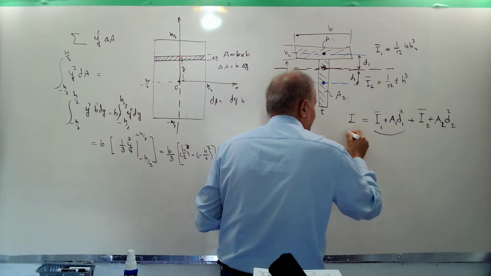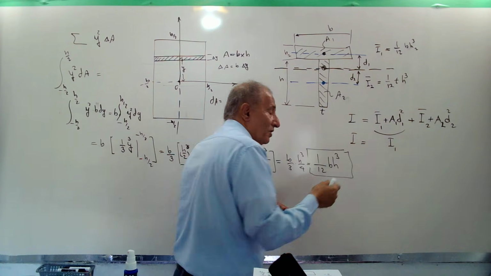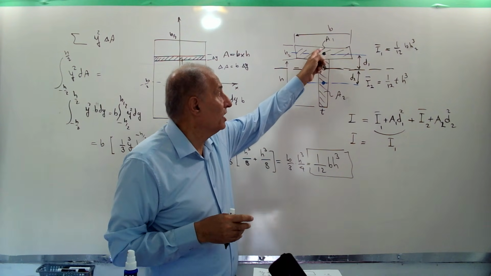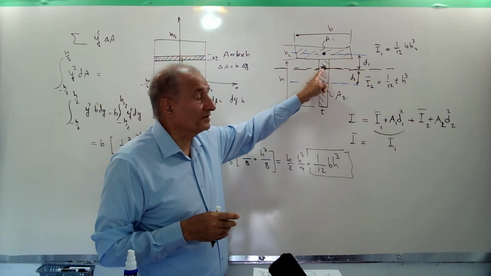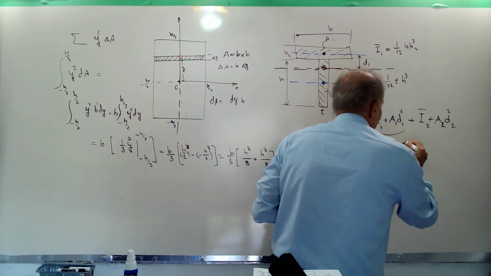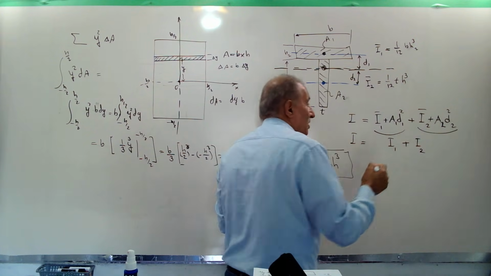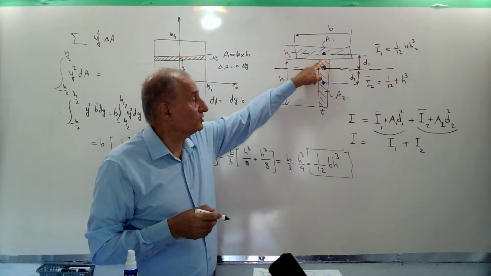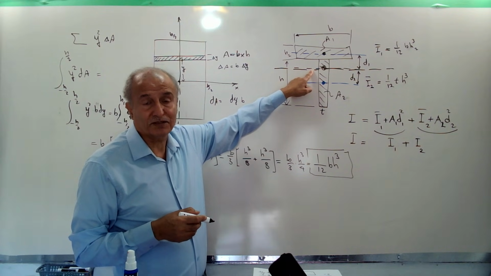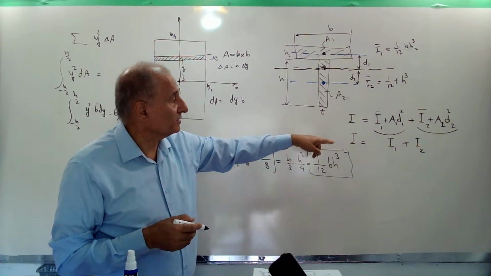We can call it I is equal to I1. By I1, we mean the moment of inertia of this area around the neutral axis of the beam, plus I2, which means the moment of inertia of this simple shape around this neutral axis of the beam. Okay. When you add them together, you can add them.